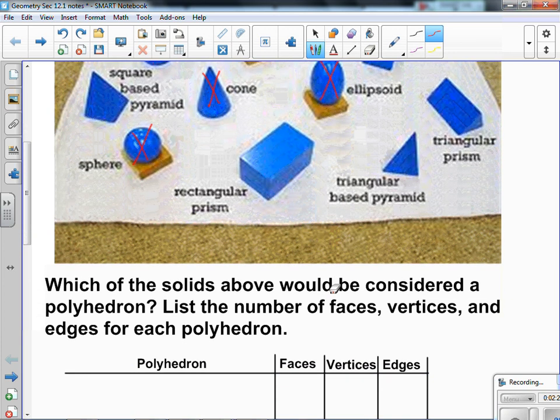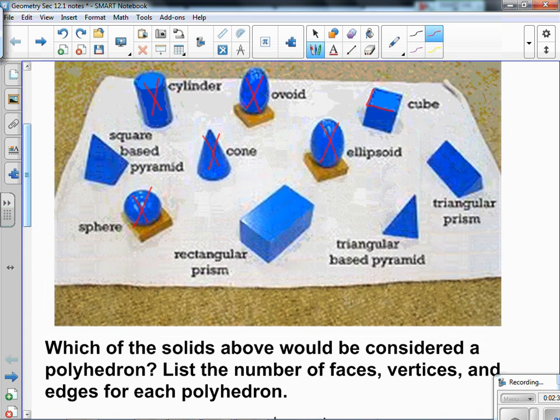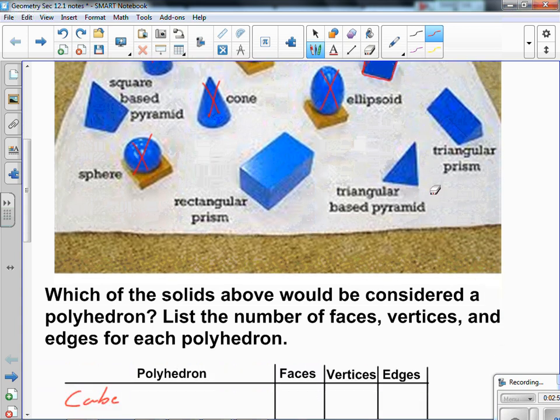So first one is a cube, and I'm going to highlight it here a little bit so we can see a little bit better how it's made up. So in a cube, as far as faces go, you have a square at the top and the bottom, and then 4 going around the sides. That's going to be 6 faces.